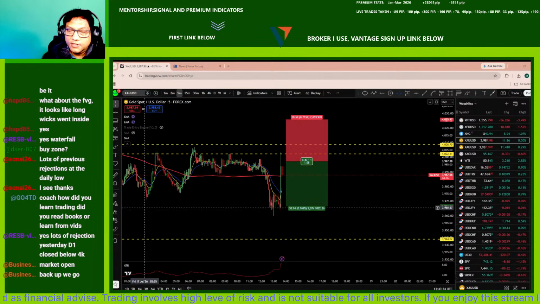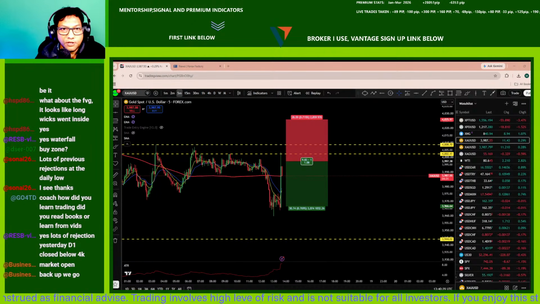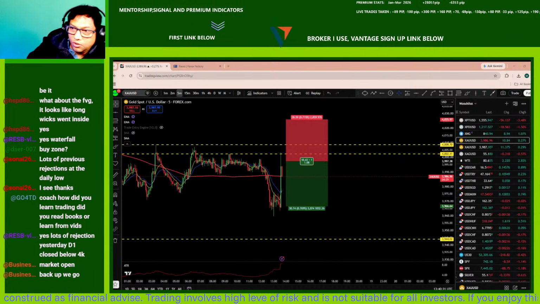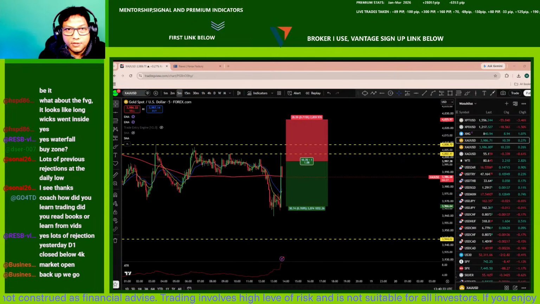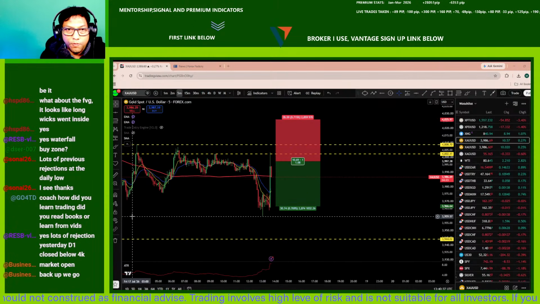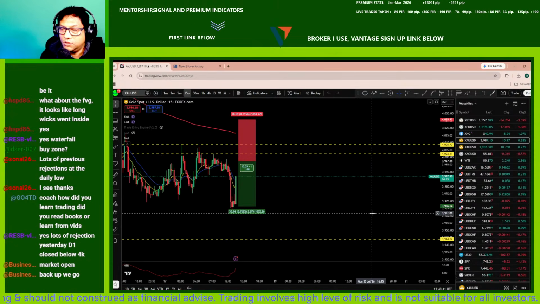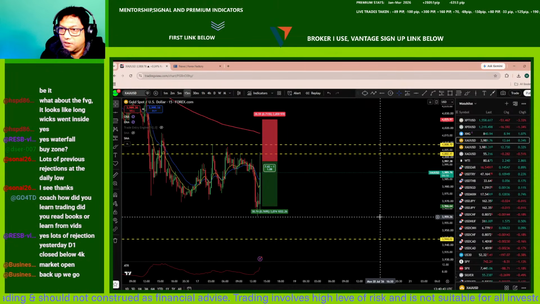So I've opened a sell here. If you look at that rejection, a large green candle has formed, and I'm looking forward to seeing some move back below here. This is one single move back to the upside, a big large green candle.